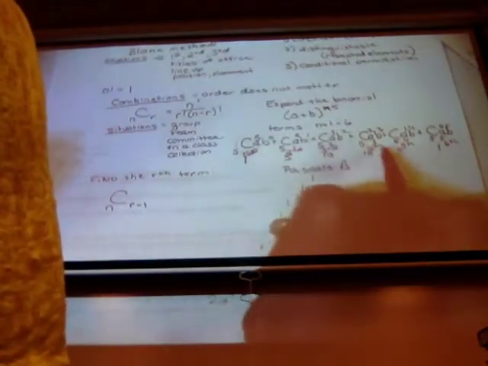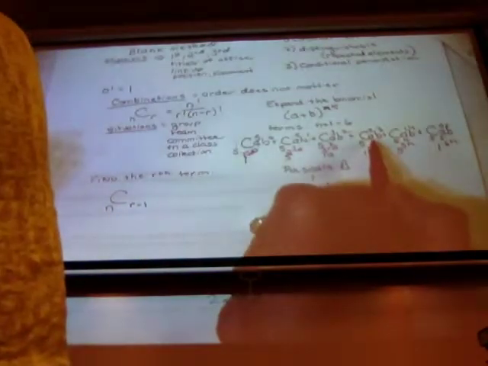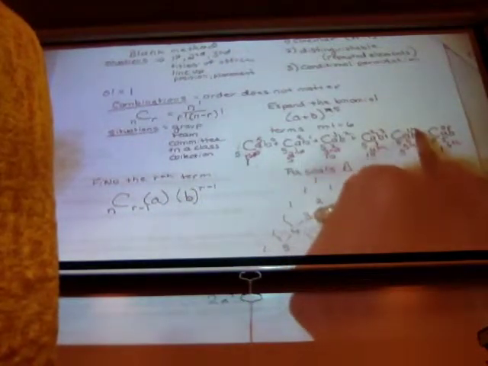I do not want you writing out the whole expansion and finding the fourth term. The fourth term, this number is always one less than the term you want to find. And then I would have A, and I'd have B. And B always matches here. Okay? 4 and 4. And then this would be n minus the r minus 1.